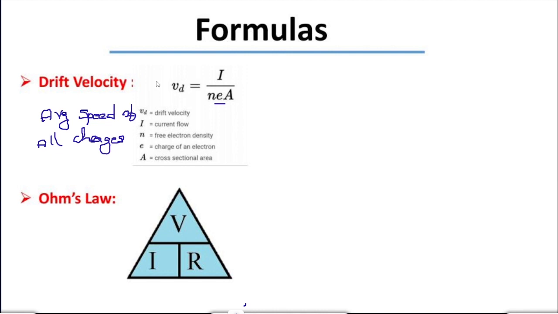Drift velocity is represented with the letters Vd, and Vd is equal to I by N e A. N is the number of electrons, or free electron number density, e is the charge, positive or negative according to the question, and A is the area of cross section. Got it? From this formula we can also write I: just take the denominator to the left-hand side, then I is equal to Vd into N e A. Got it?